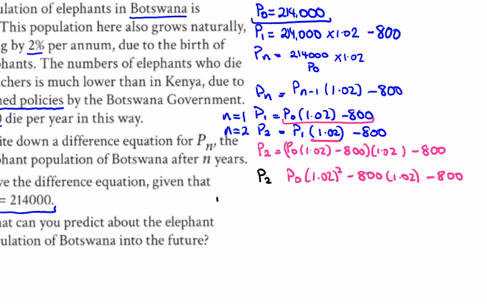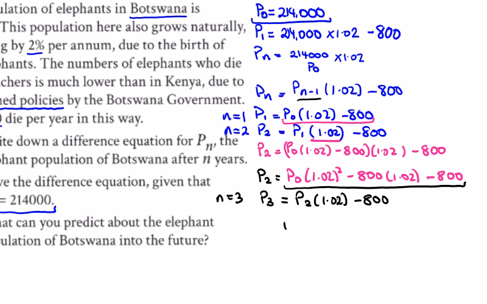And we sub n is equal to 3 in to just expand it out a bit. When n is equal to 3, we get P3 to be equal to, just putting 3 in here, P2 by 1.02 minus 800, and subbing in all of P2, we're going to multiply all of these by 1.02, so we're going to get P3 to be P0 by 1.02 squared by this 1.02, so we're going to get P0 by 1.02 cubed, minus 800 by this 1.02 and then by this one, so that will be squared.